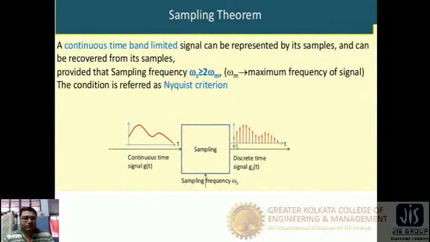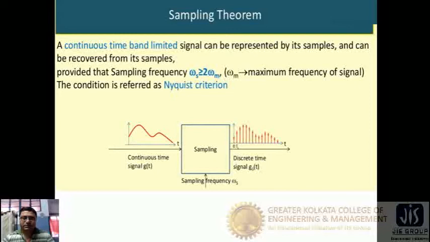So the sampling theorem states that a continuous time band limited signal may be represented by its samples and can be recovered from its samples, provided that the sampling frequency omega s must be greater than or equal to 2 omega m.